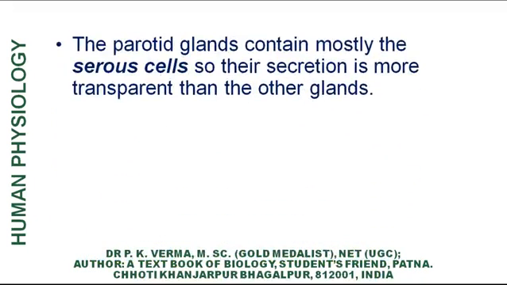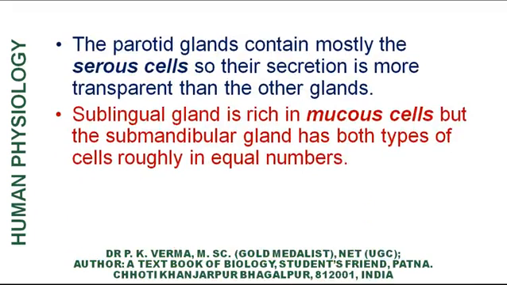The parotid glands contain mostly serous cells, so their secretion is more transparent than other glands and also contains the highest amount of enzymes. The sublingual gland is rich in mucus cells, but the submandibular gland has both types of cells in roughly equal number.